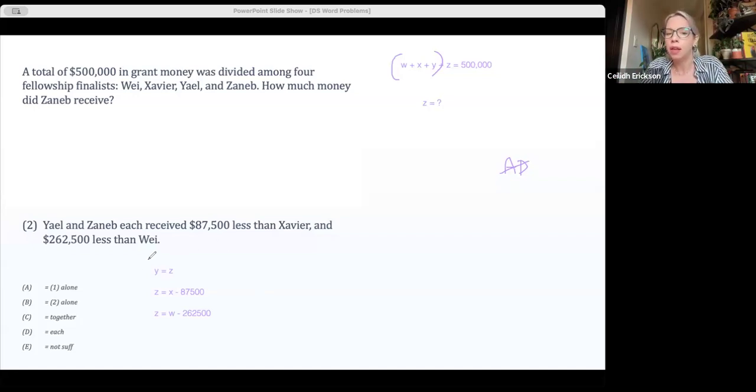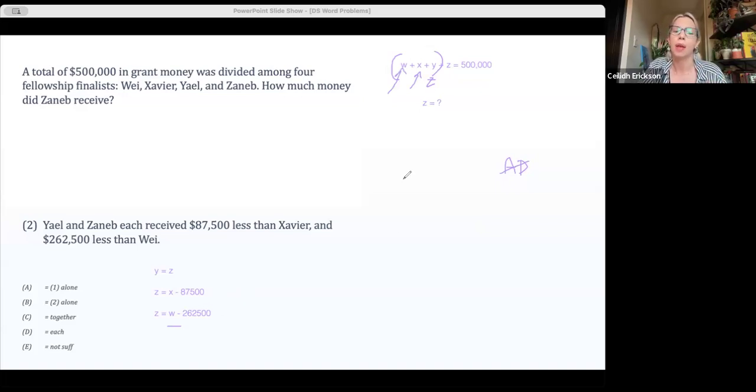Well, here, if Y equals Z, then we can plug a Z in here. If Z equals X minus something, we could plug in for X a Z plus 87,500. For W here, we can plug in a Z plus 262,500. I'm not actually going to do that math.